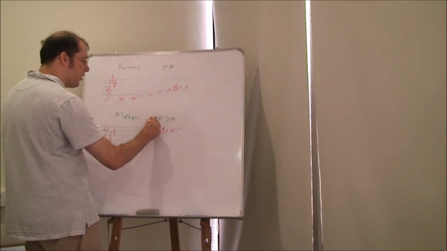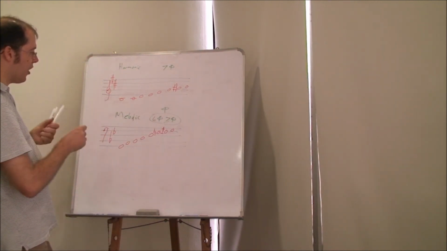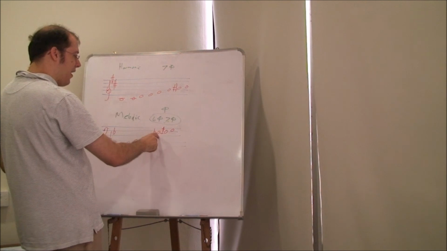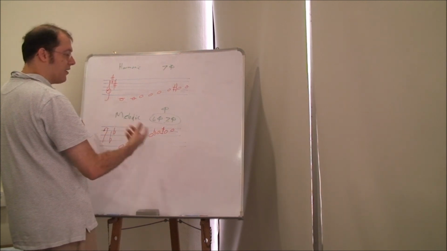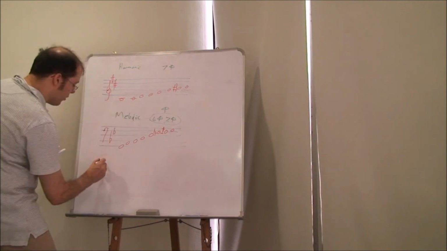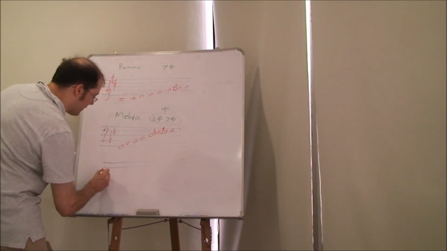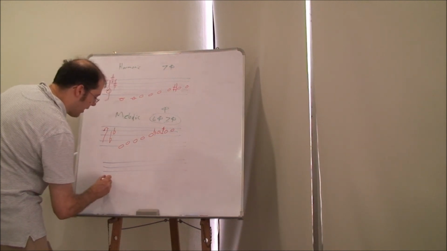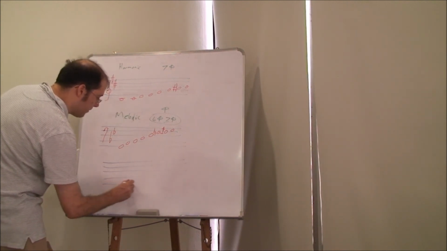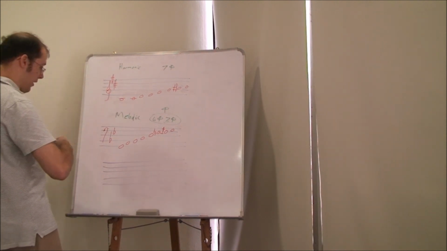But that is only when you're going up, because if you go down, it sounds like you're in the major. So when you're going down, there's a slightly different rule. So the melodic minor has two distinct patterns that go with it.